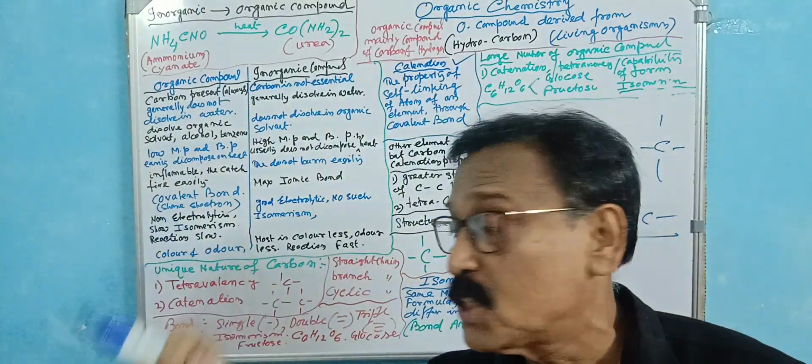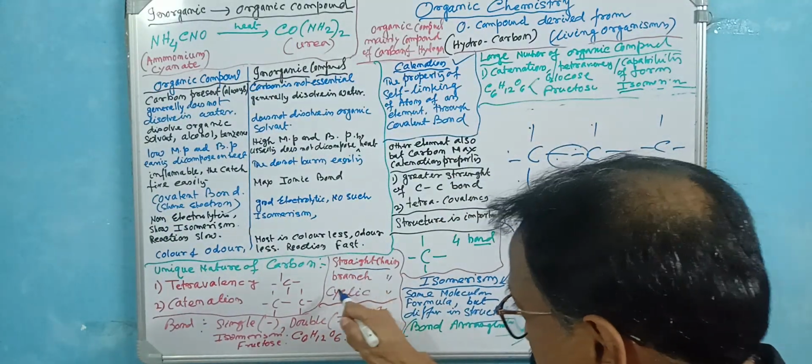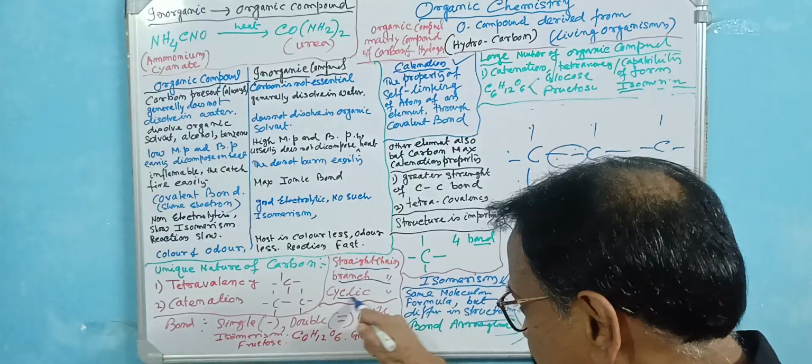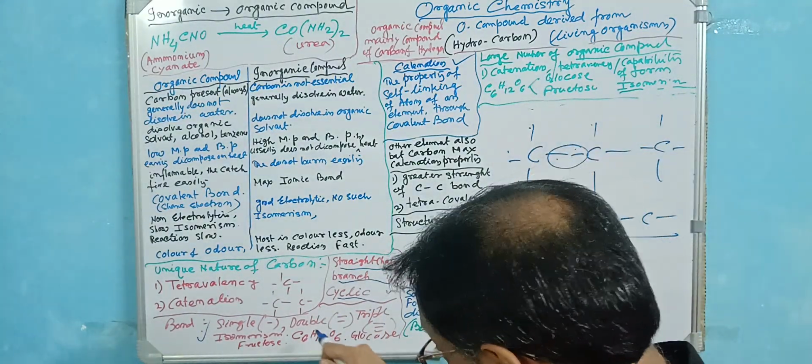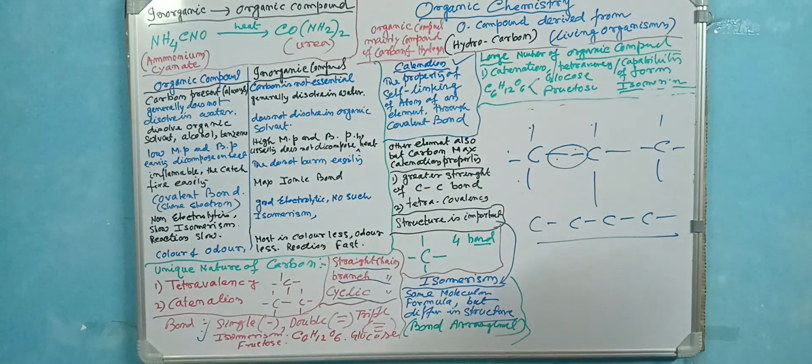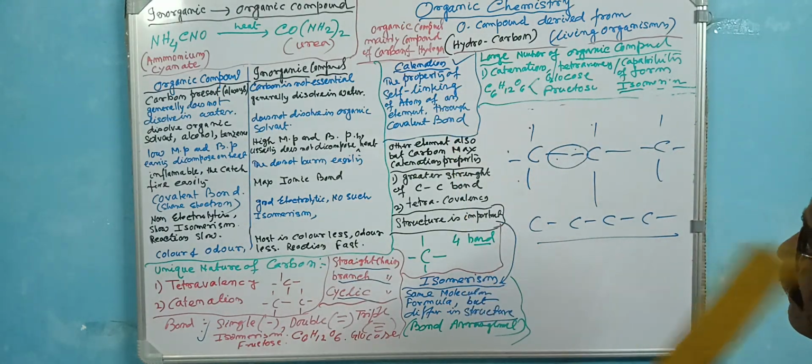Because of the catenation property, a straight chain is formed, a branch chain is formed, cyclic is formed. Single bond is there, double bond is there, triple bond is there. The catenation property is clear now.